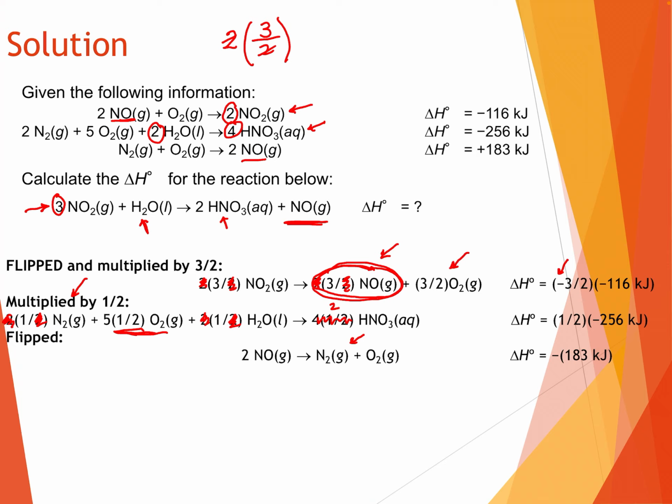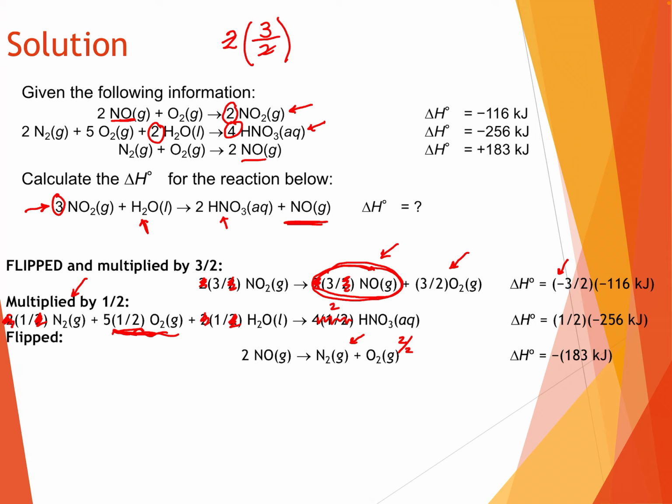So we need essentially another 2 halves, or just 1, but think about it in fractions. If we think about another 2 halves oxygen on the reactant side, then we'll have a total of 5 halves on the product side and 5 halves on the reactant side, and they will cancel out.